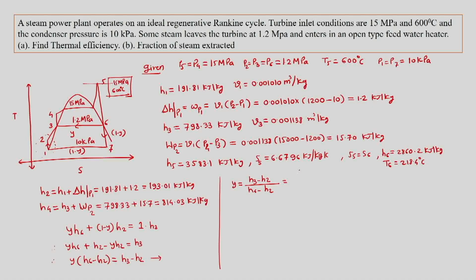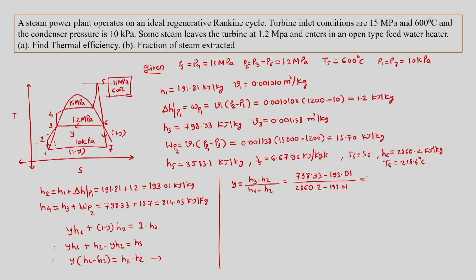So H3 is basically 798.33, H2 is equal to 193.01, and H6 is 2860.2.